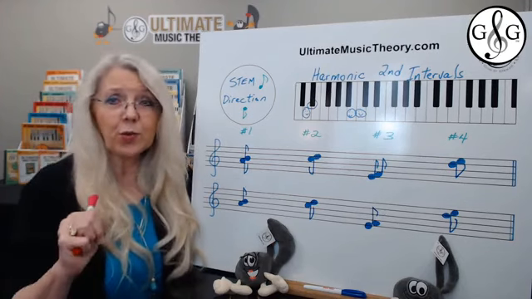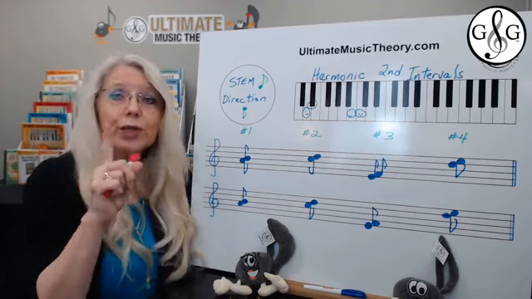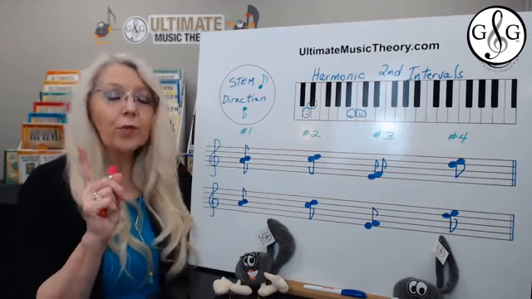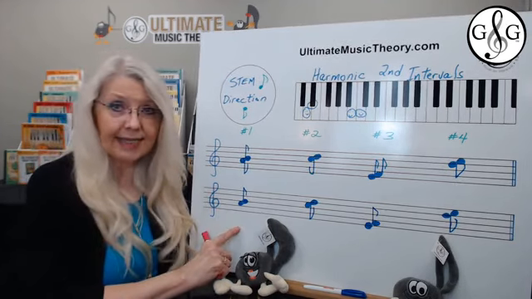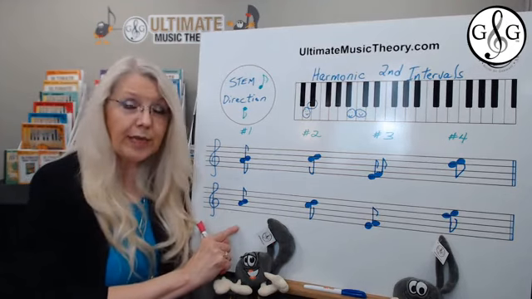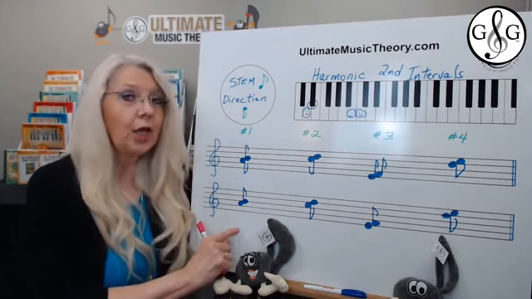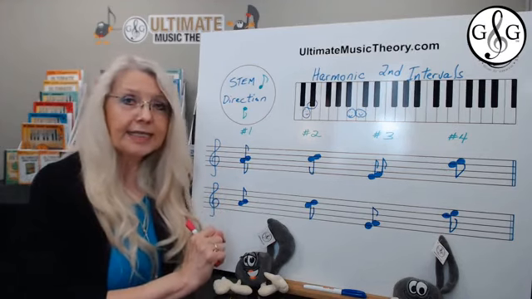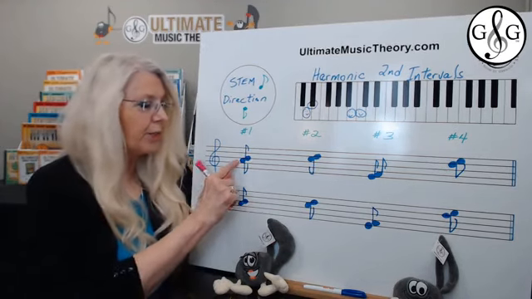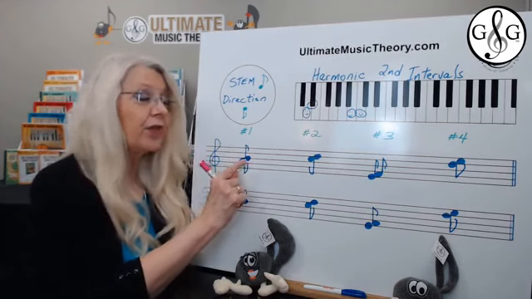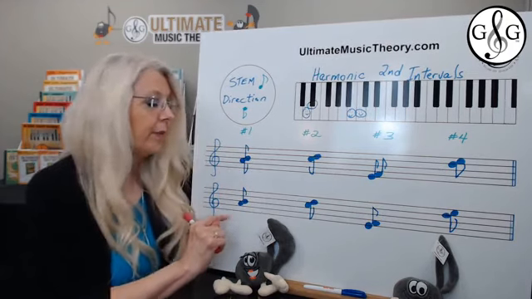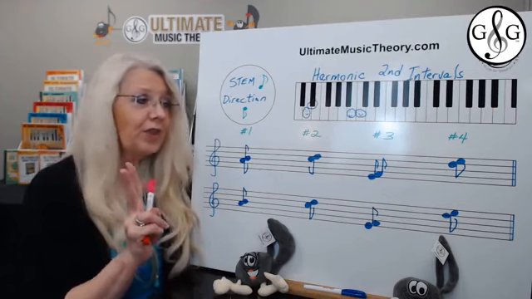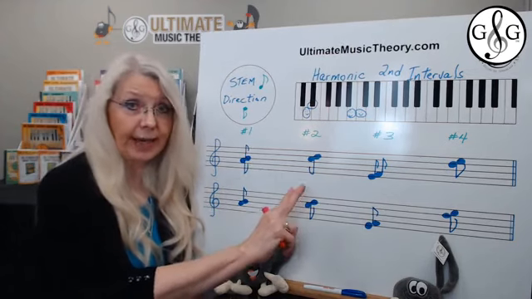Now, when we're doing the 3 rules, they are this. Rule number 1 is that when writing an interval of a harmonic second, the lower note must be written on the left. Lower note on the left. For each interval of a harmonic second, the stem direction is determined by the note furthest away from the middle line. Number 2, the flag always goes to the right.